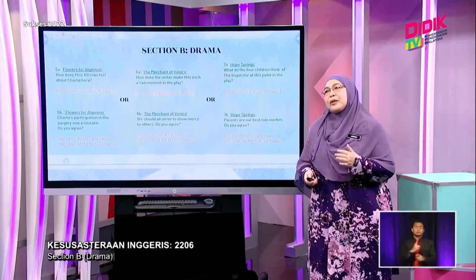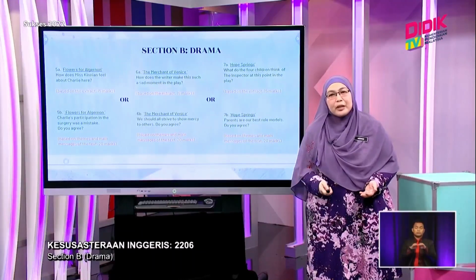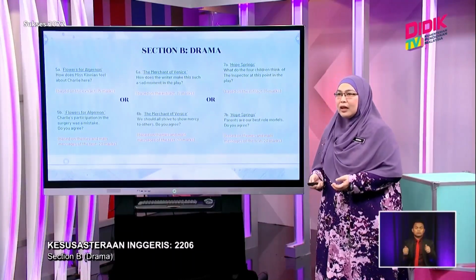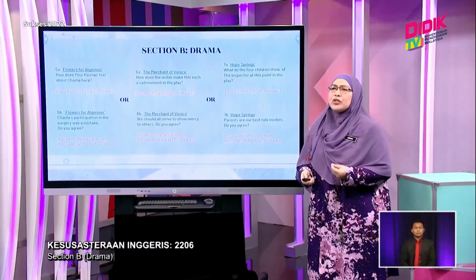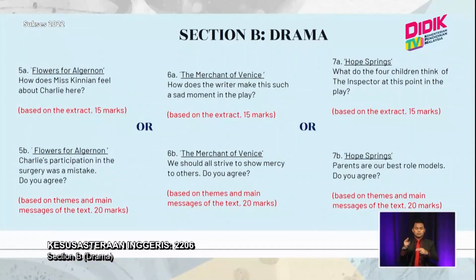Let's take a look at what happens with Shylock in The Merchant of Venice. And the given statement is, we should all strive to show mercy to others. Do you agree? Was it right what happened in Act 4, Scene 1? Was it right for the court of law in Venice to have punished Shylock like that?